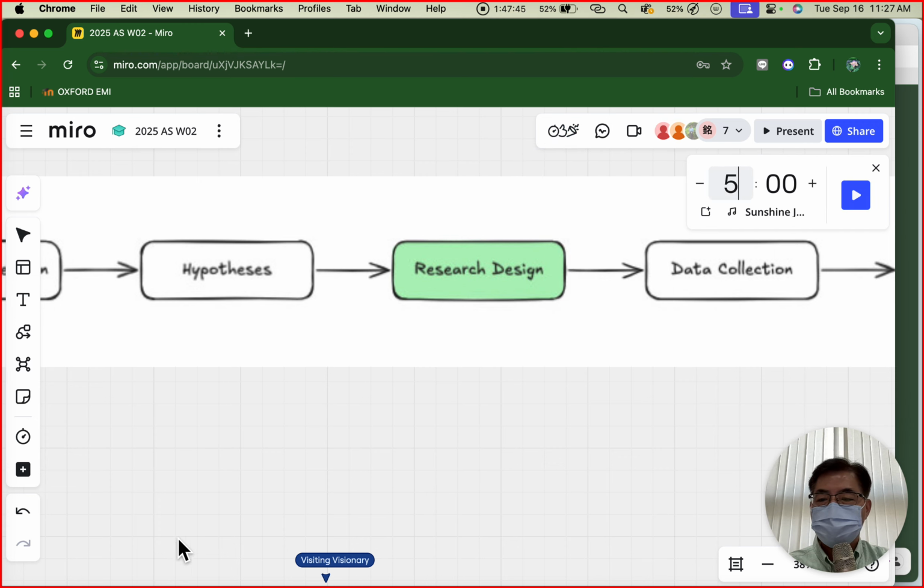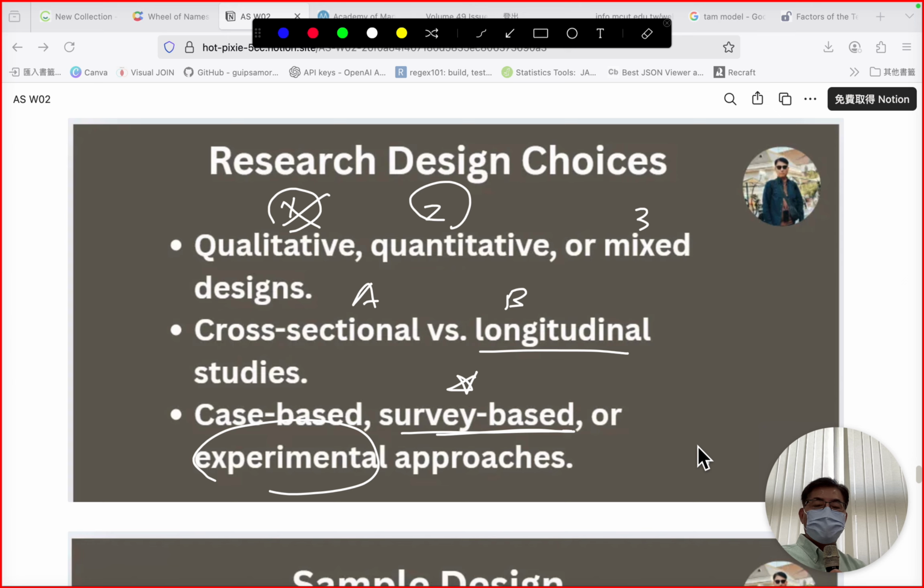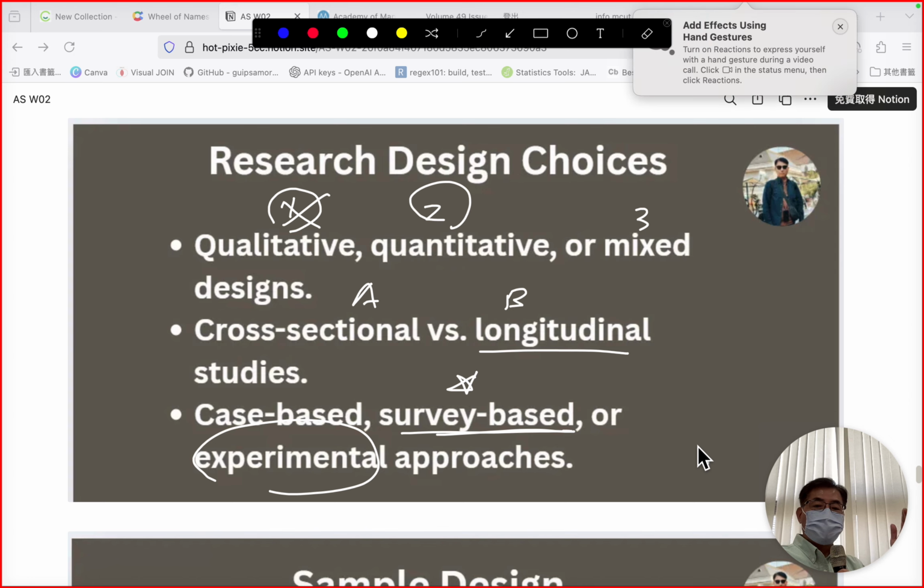Research design: quantitative, cross-sectional, survey-based or experiment. In our article, which I mentioned on moral decoupling, they adopt two kinds of approaches, survey-based and also experiment.